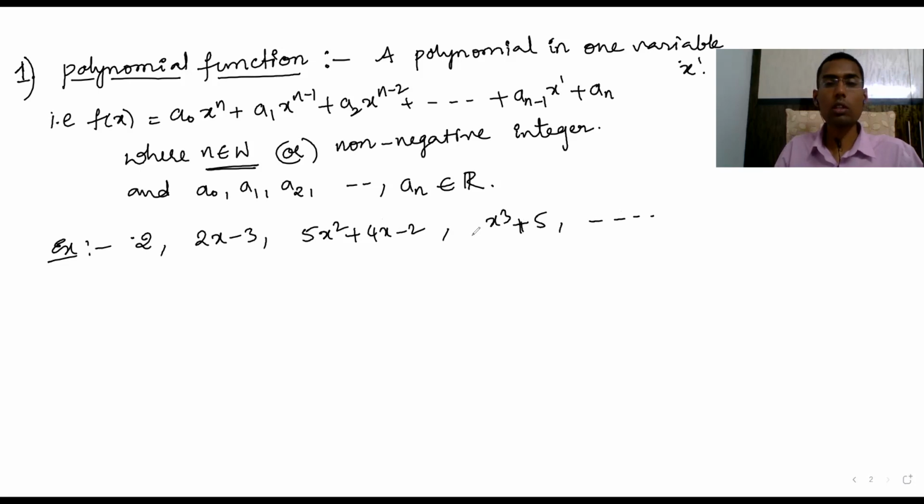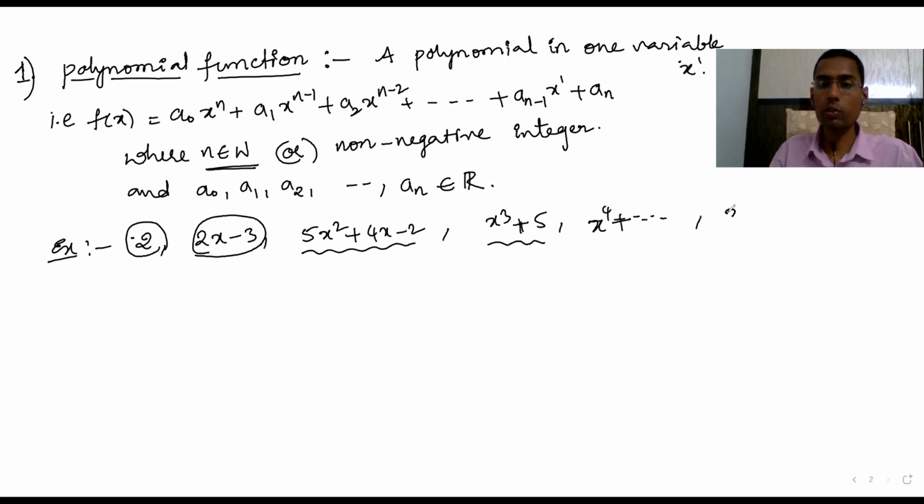These are all polynomials. This is called constant polynomial, this is linear polynomial, this is quadratic polynomial, this is cubic polynomial. Then biquadratic, and then 50th degree, and so on, 60th degree. These are all polynomials, and simply these polynomials are called polynomial functions.